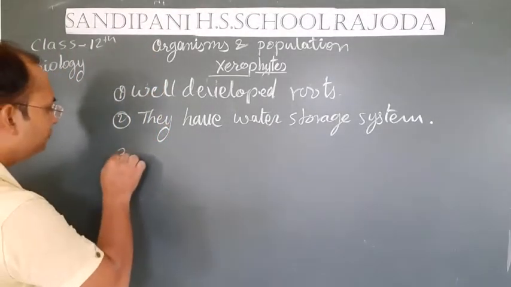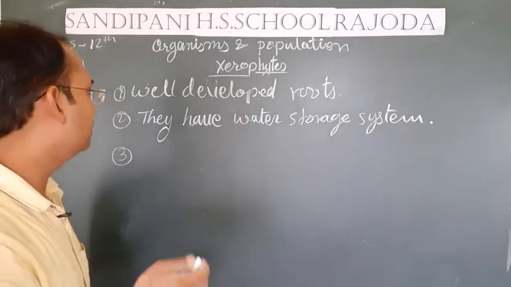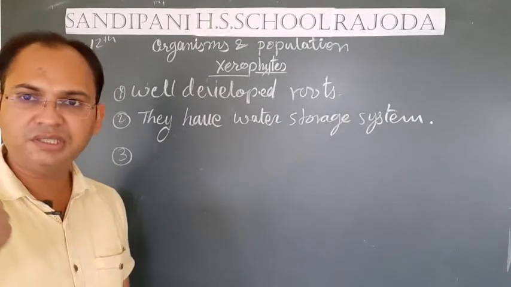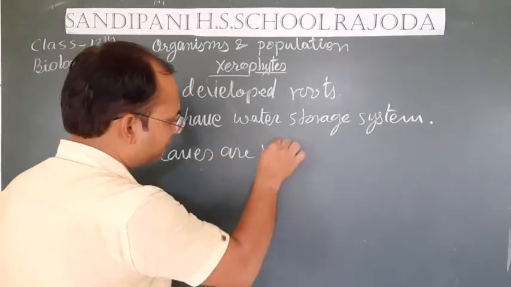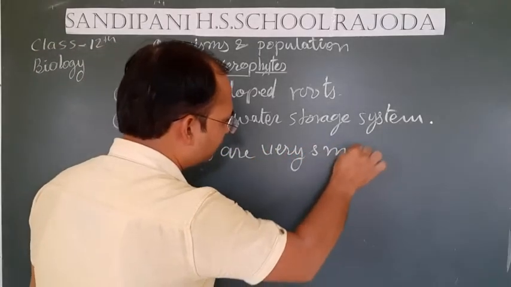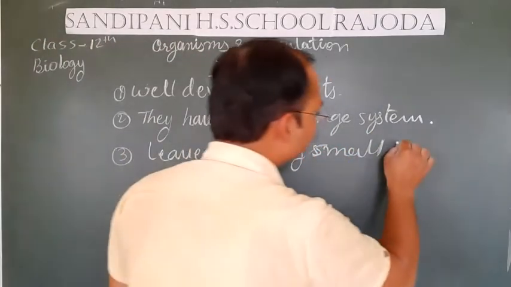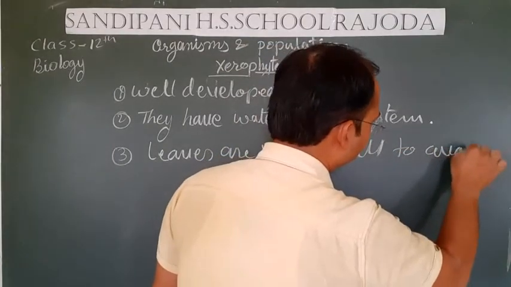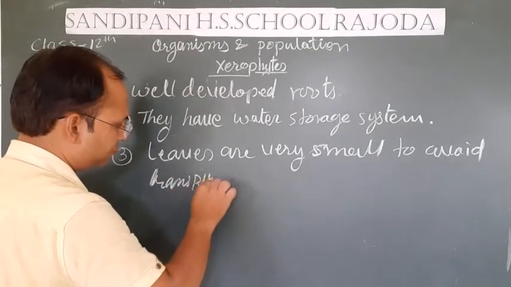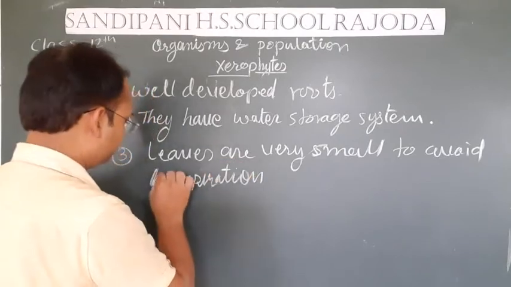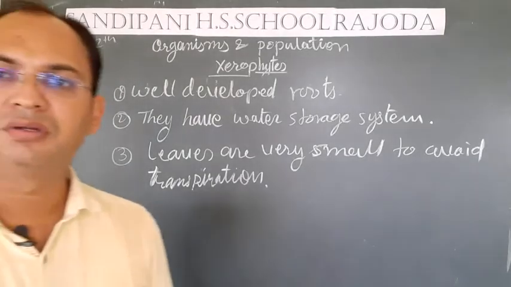So, the third point is that they possess very small leaves, or nearly no leaves, to avoid transpiration, because transpiration is the main method to lose water.